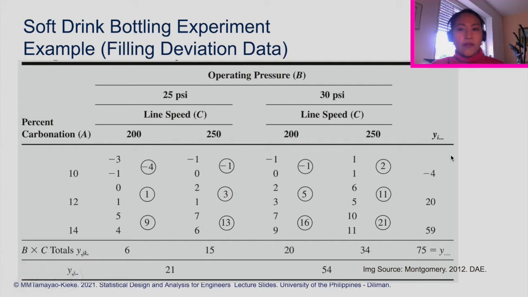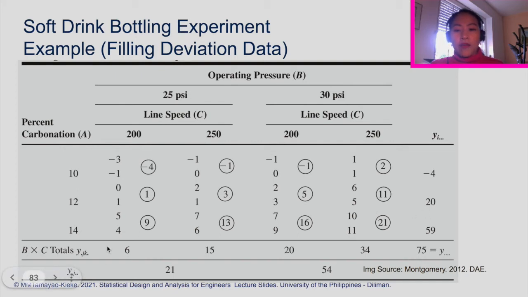And so on. And then, of course, you have here the row totals. So -4 here is basically the sum of all observations for 10% carbonation, 20 is for 12% carbonation, and 59 for 14% carbonation.